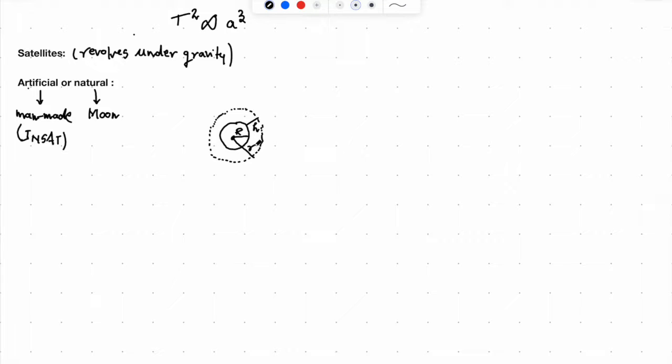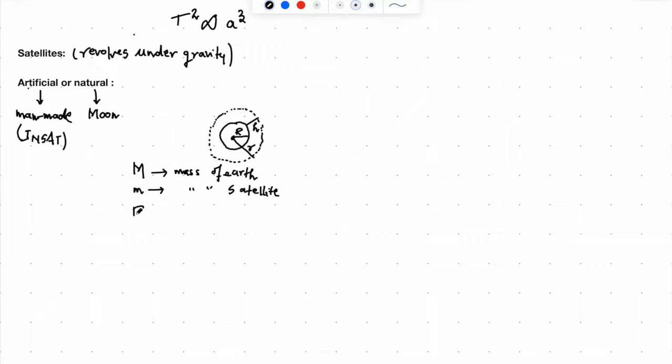These are some parameters we have to remember to find this relation. You can write M_e, the mass of the Earth, and small m, the mass of the satellite.